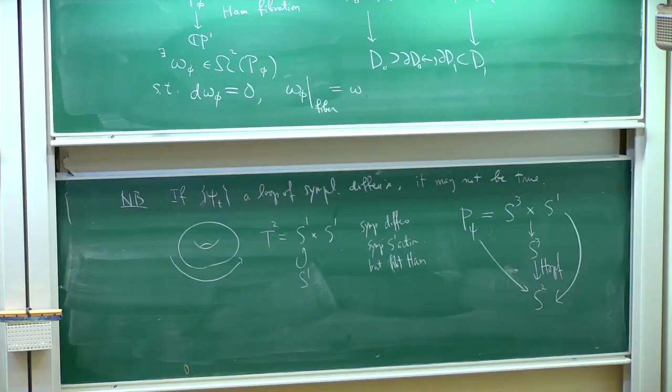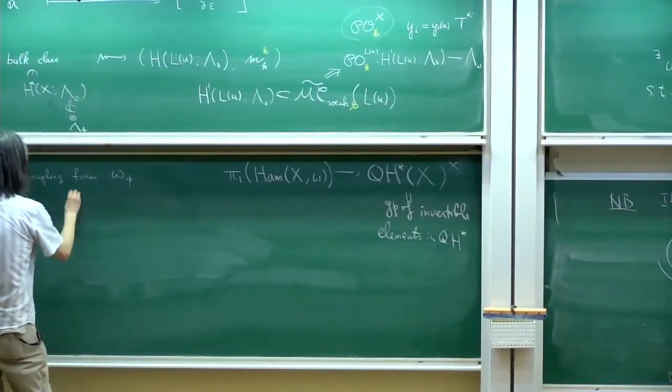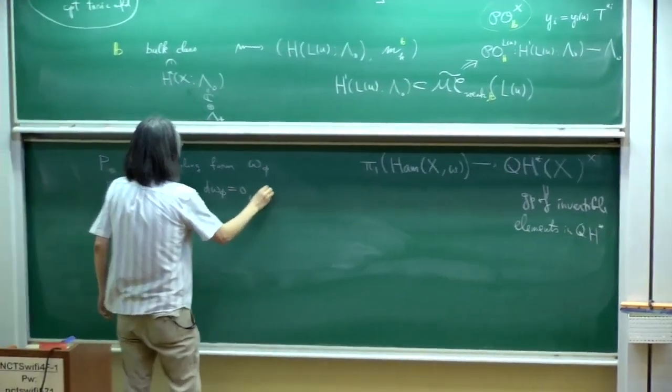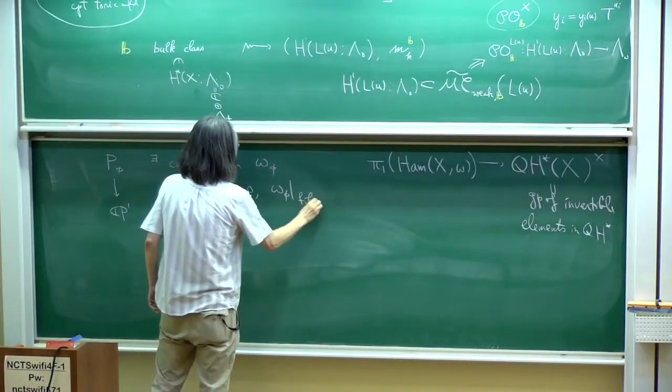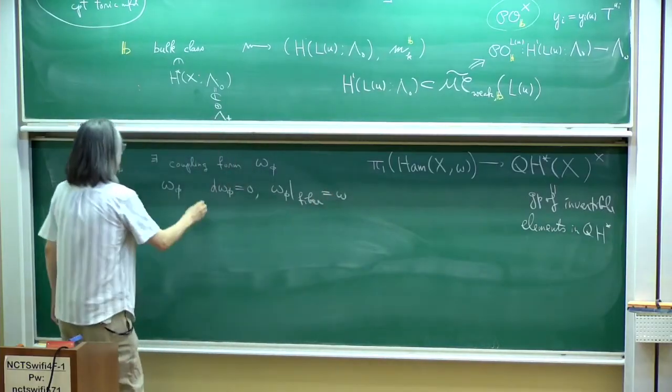Okay. So now you have this P phi over P1. Then there is such an omega phi, a so-called coupling form. The coupling form omega phi should satisfy d omega phi equal to 0, and the restriction of omega phi to each fiber equals omega, but also the following.